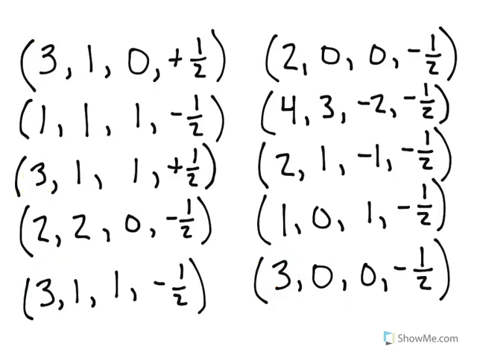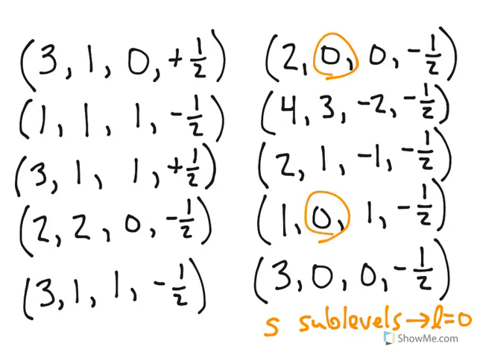Now I want you to tell me how many of them are in S sublevels. So again, pause your video. S sublevels correspond to an angular momentum quantum number of 0. So we're looking for an L value of 0. Looking down here, this one's got an L value of 0, this one, and this one.